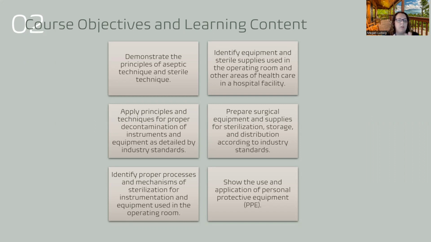We'll talk in more detail about those in coming chapters. Prepare surgical equipment and supplies for sterilization, storage, and distribution according to industry standards. You're going to identify proper processes and mechanisms for sterilization used in the OR. And then we're going to talk a little bit about PPE, what you have to wear.